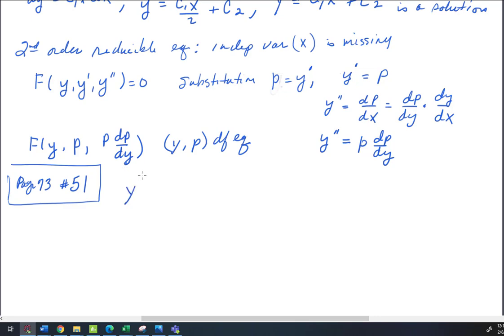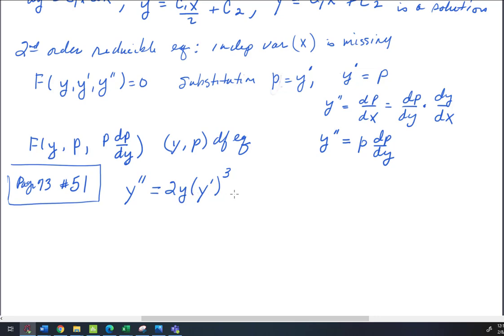So this equation is y double prime is equal to 2y y prime cubed. And this is a second order differential equation, and what's missing is the independent variable x.